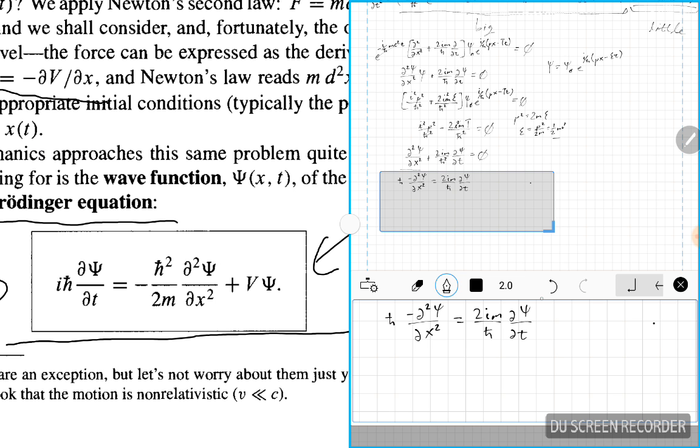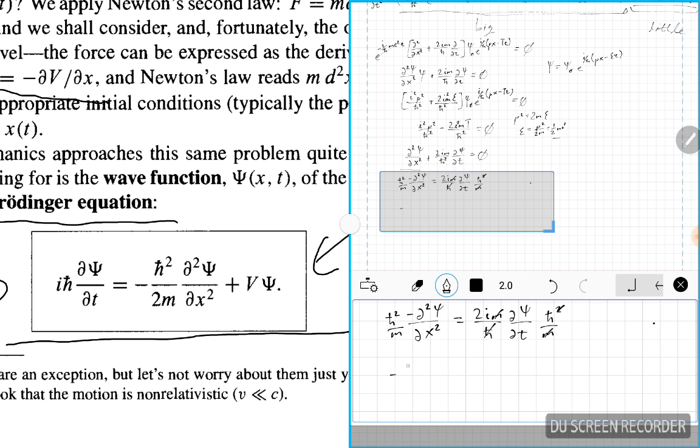We can multiply both sides by h squared, because we want to have h squared there. I'm going to divide both sides by m. So now I'm going to have that out there. This one is going to cancel.